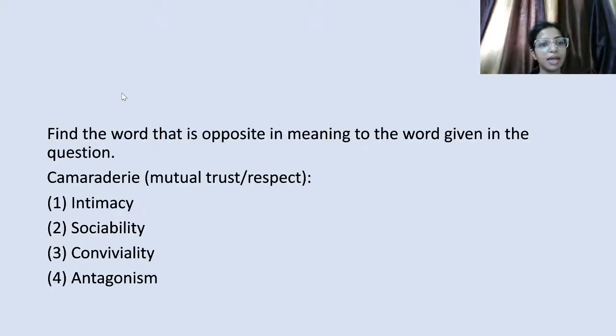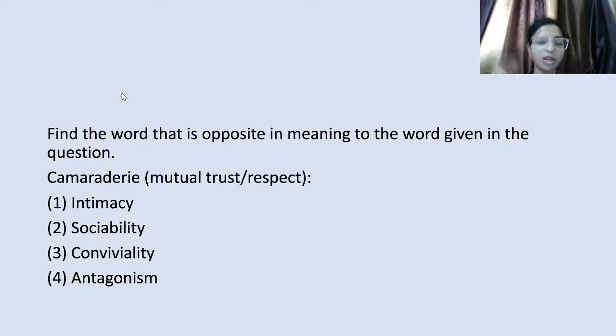Next, we have to find a word that means exactly the opposite of camaraderie. Camaraderie means having mutual trust and mutual respect. The options are intimacy, sociability, conviviality, and antagonism.